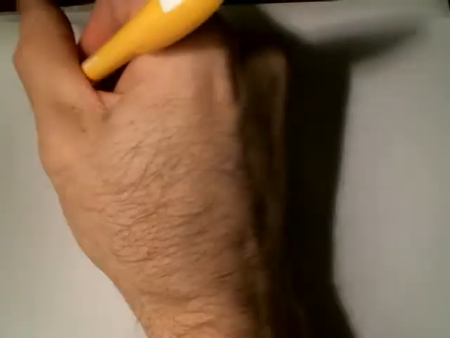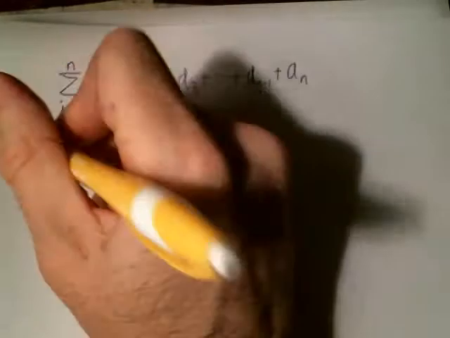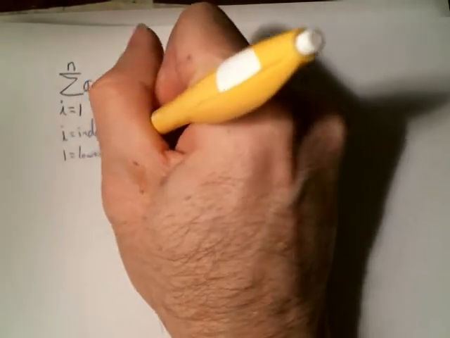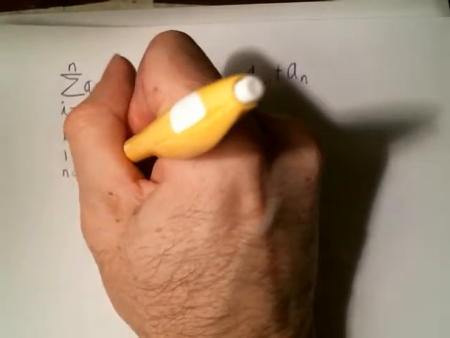Right? So again, I is your index. 1 is the lower limit, and n is your upper limit.